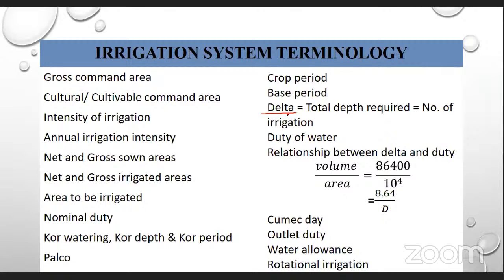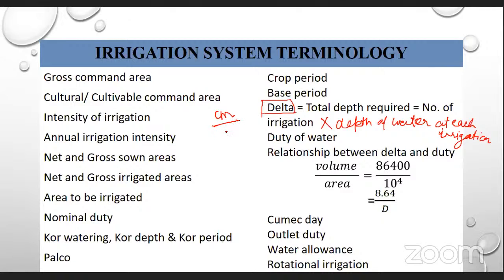Duration means your crop duration, and in the field, whatever depth of water is required. Here I have written delta as the total depth required, and that total depth required is equal to the number of irrigations we are giving into the depth of water at each irrigation. Okay, then that is known as delta, and usually this delta is given in centimeters.